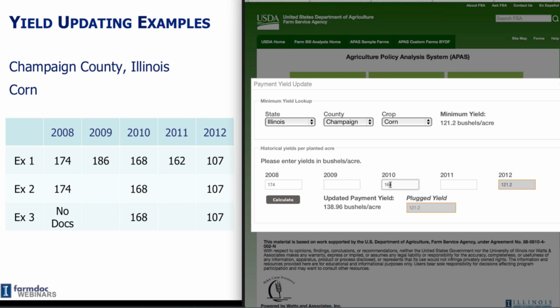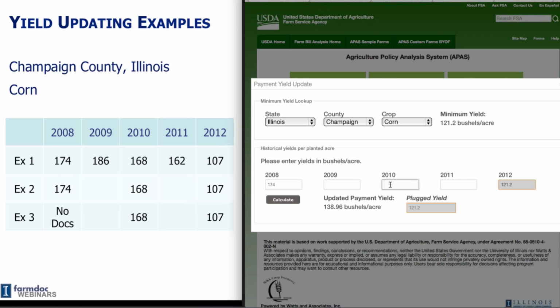So in this case, we've got yields in 08, 2010, 2012. Yields in 2012 were below the plug yield, so that plug yield gets used in place of the actual. And the average here is based on the 3 years for which you have yields or for when corn was actually planted on this farm.